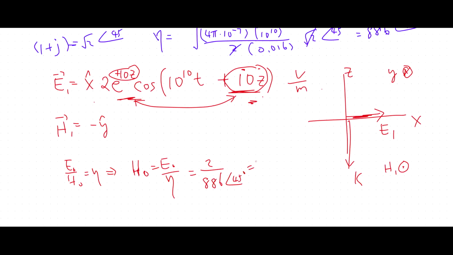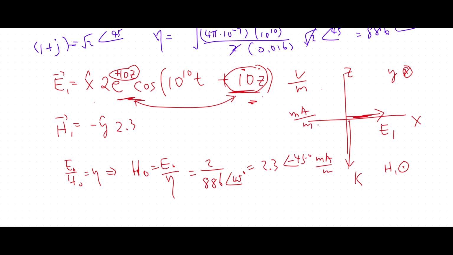Two divided by 86 is let's say 2.3 with minus 45 degrees, and it's milliamp per meter. Okay, so I'm going to write 2.3 and milliamp per meter, right?